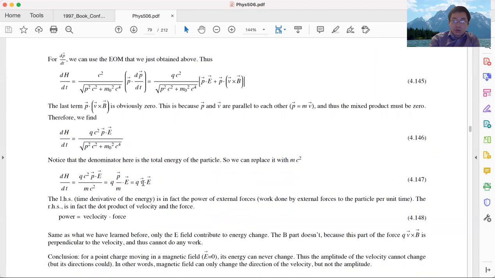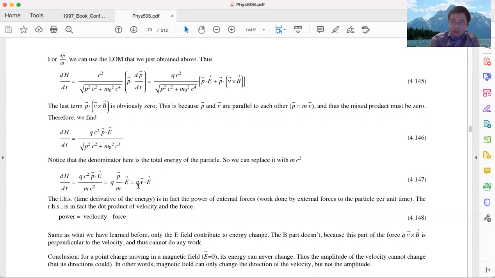So velocity dot force is power. dE/dt equals power. This is exactly what we learned in Newton's mechanics. The variation of energy in time is power, and the power is velocity dot product with force.